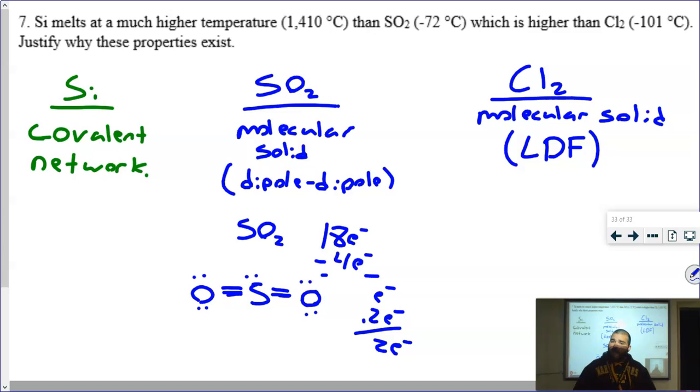And chlorine, nonpolar, linear, would have London dispersion. Dipole-dipole forces are generally stronger than London dispersion. And as a result, we have covalent network, very high melting point, molecular solid with dipole-dipole, not high, but higher than the other molecule with nothing but London dispersion. Okay, that's all I have.